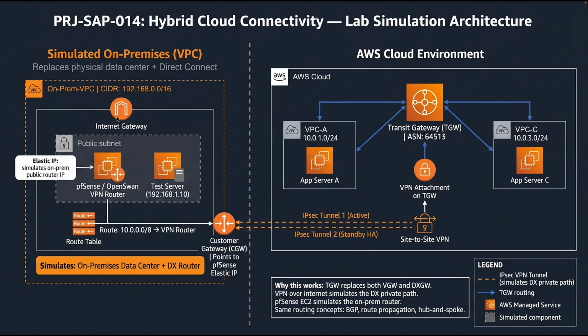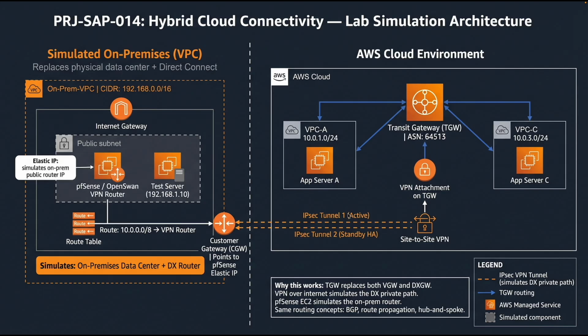Any traffic from our on-premises is routed through the customer gateway and then through the IPsec tunnel. It terminates at the Site-to-Site VPN and then routes traffic to our Transit Gateway. Then Transit Gateway routes to our VPCs.